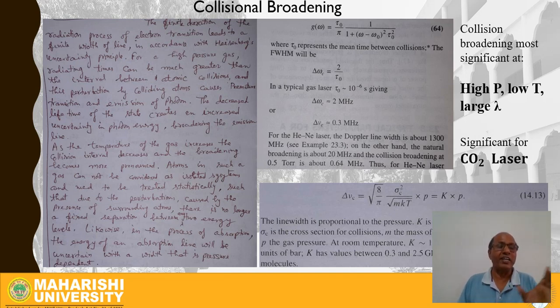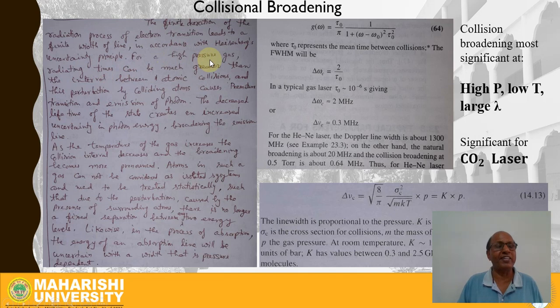So when this uncertainty takes place, you can very well apply the Heisenberg uncertainty principle with delta E into delta T, where delta E is the energy of radiation and delta T is the mean collision time between two collisions. So this will always have an uncertainty that is greater than or equal to h bar by 2.